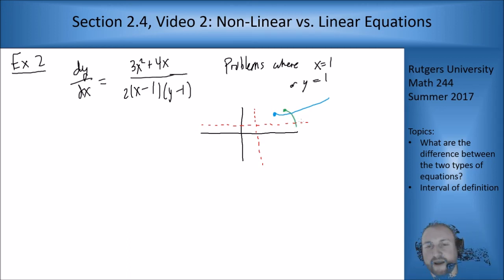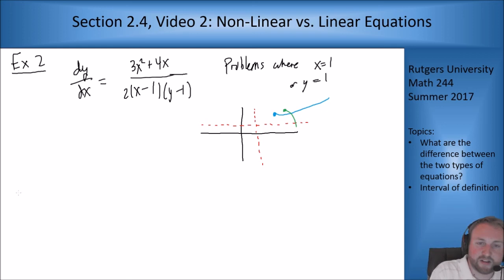Hit the line right away, that means my solution stops there, and that's where things go south. So I don't really know until I solve the problem how long my solution is going to last. I know it can't cross x equals 1. That I know for a fact. How long it can last beyond that, I don't know because I don't know when I'm going to end up crossing y equals 1 until I actually solve the problem.